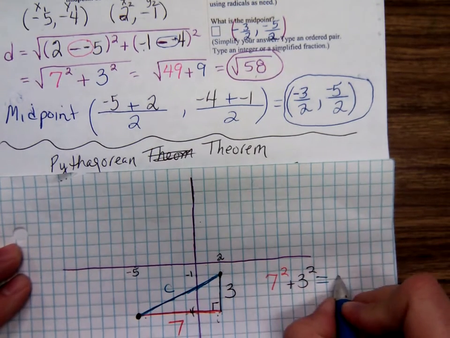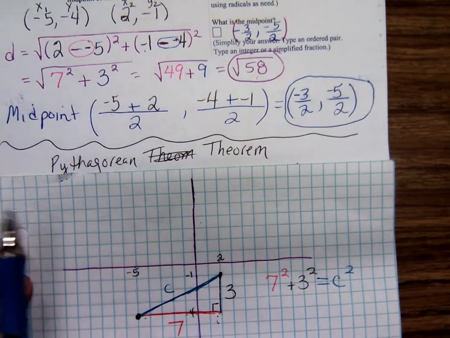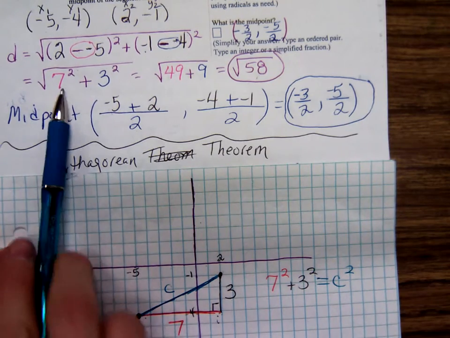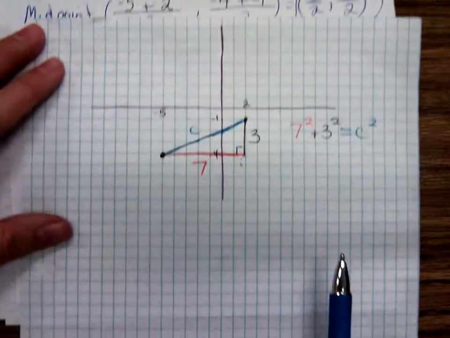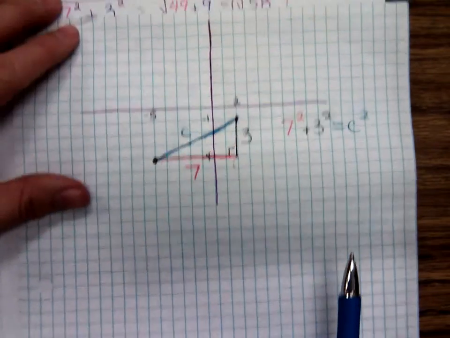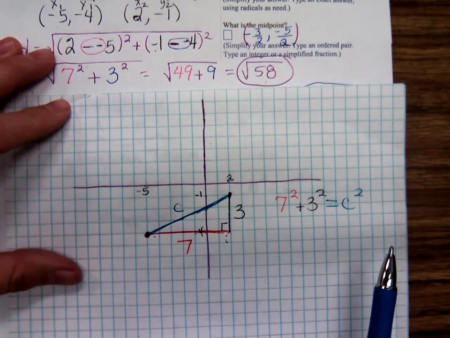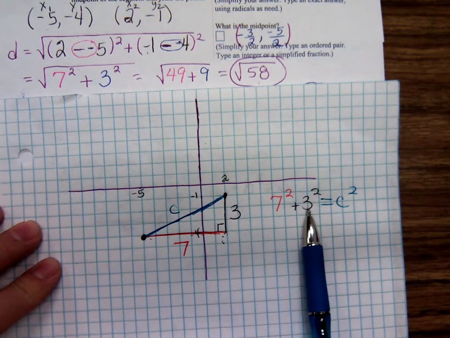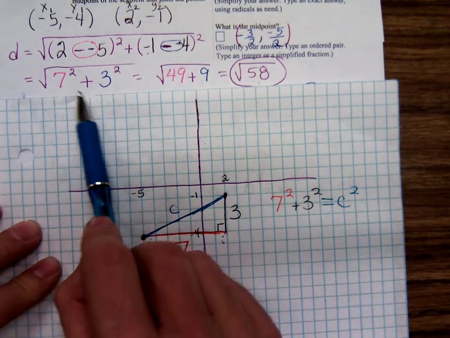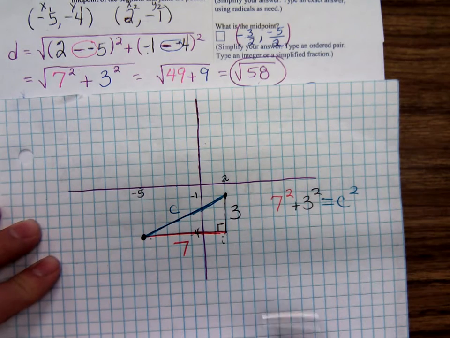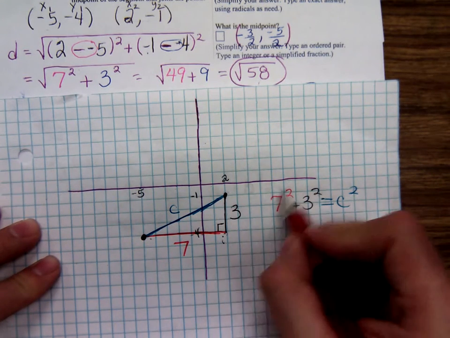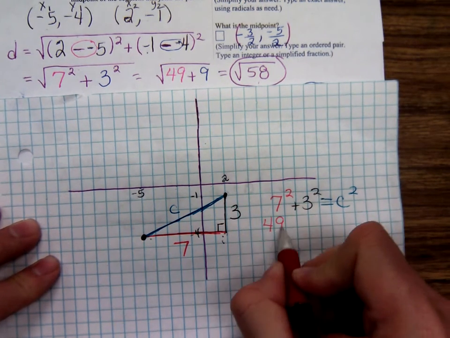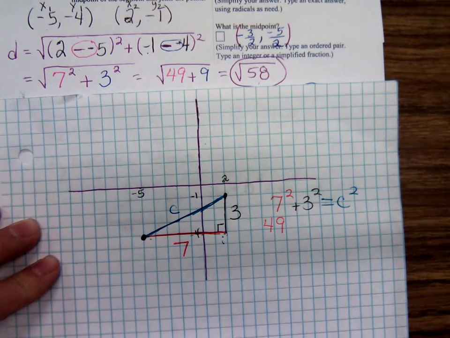Notice we're getting those same numbers that we were getting up here. Oh wait, let me lift this up. I'm sorry. Okay, so notice we're getting the a squared plus b squared. That's the 7 squared plus 3 squared. So go ahead. 7 squared is 49. 3 squared is that 9 again.